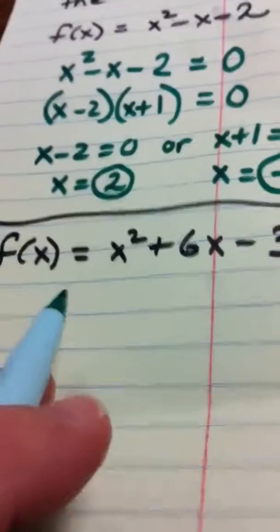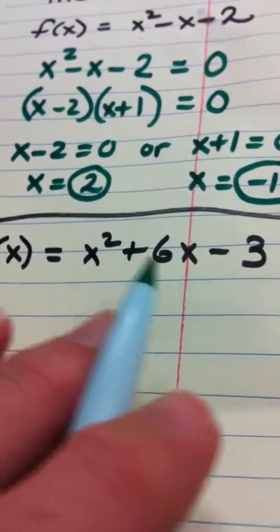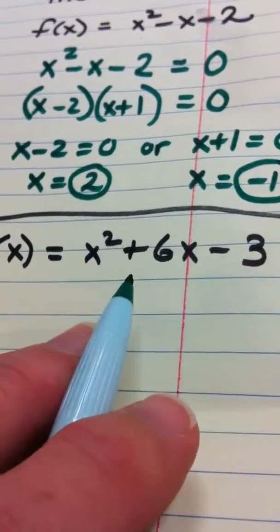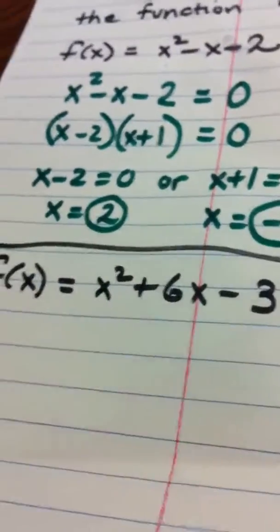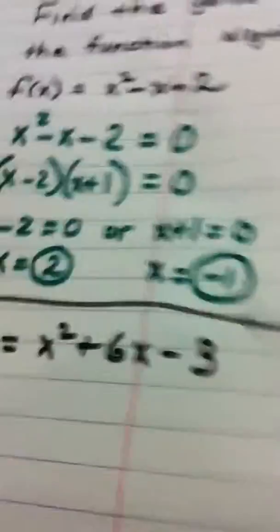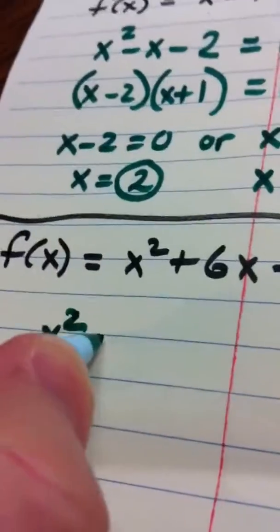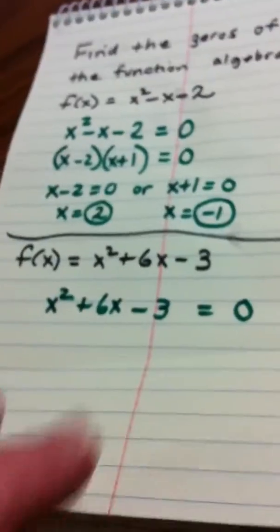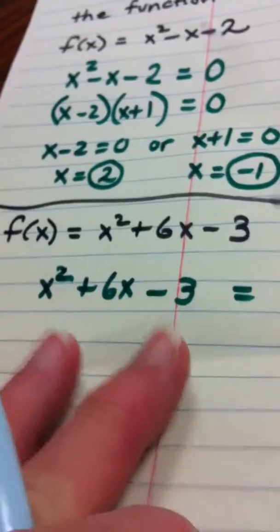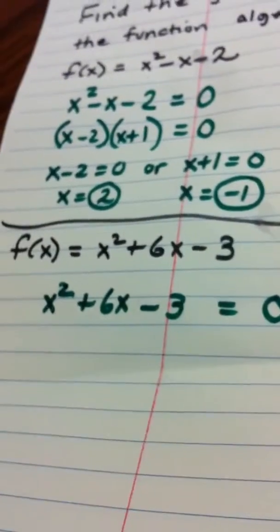Okay, how about the next function? F of x equals x squared plus 6x minus 3. Well, if I'm trying to find the zeros, I want to know where the function becomes 0. In other words, what x values cause the y value to equal 0?